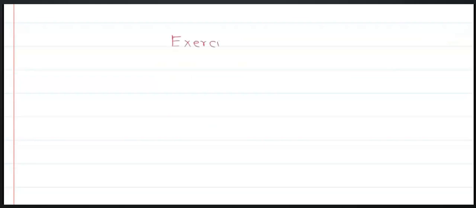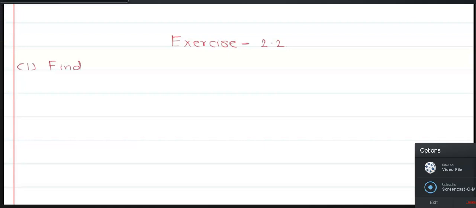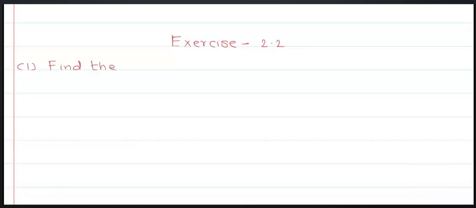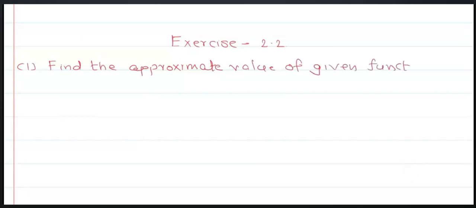And now we will start exercise 2.2. Now the first example: find the approximate value of the given function at the required points.